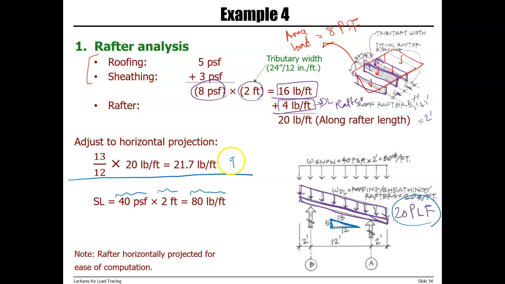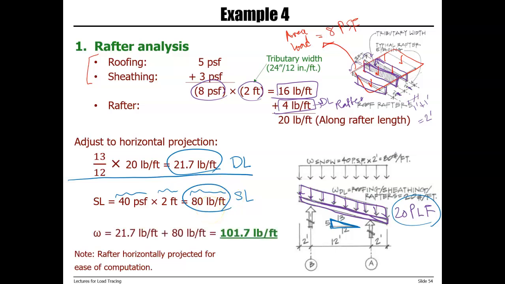So dead load, we have 21.7 PLF. Snow load, we have 80 PLF. The total load on a single rafter is 101.7 PLF.